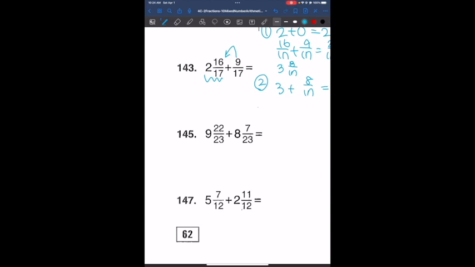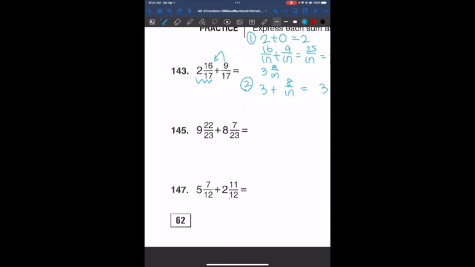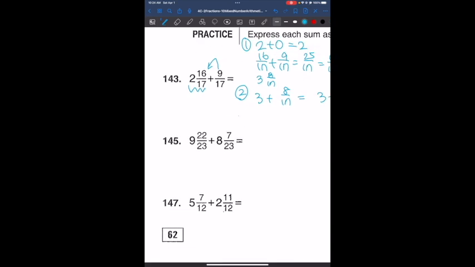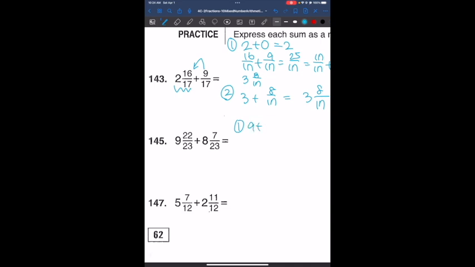And so we're gonna now solve this problem. So again, our first method is adding the whole numbers together. So that's gonna be 17, and then we're gonna add the fractions together. It's gonna be 29 over 23.